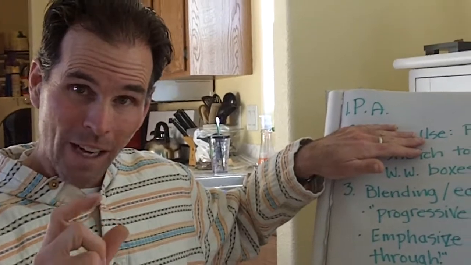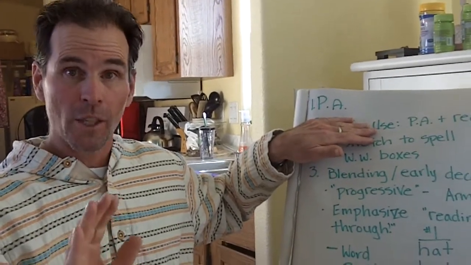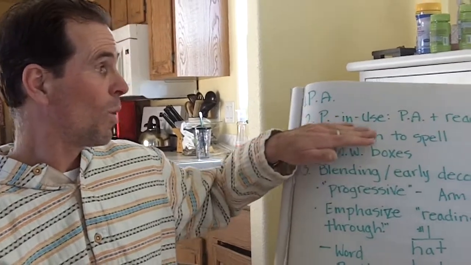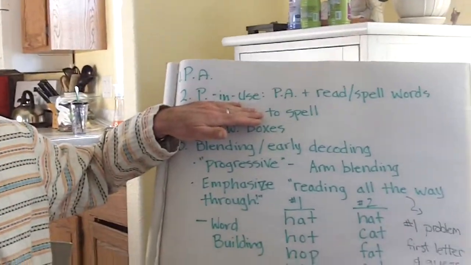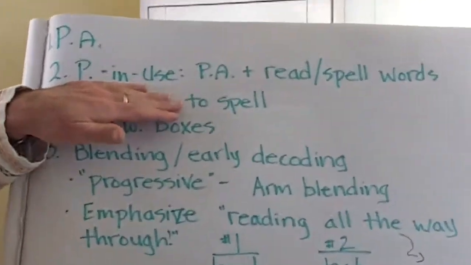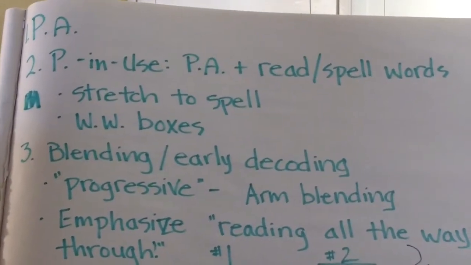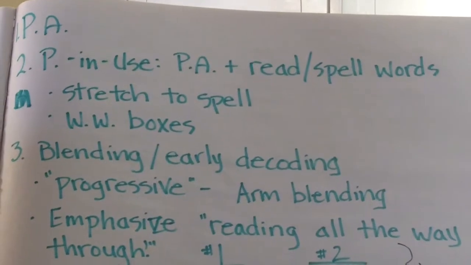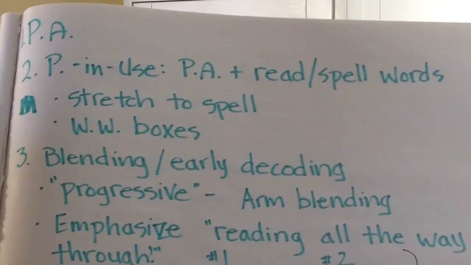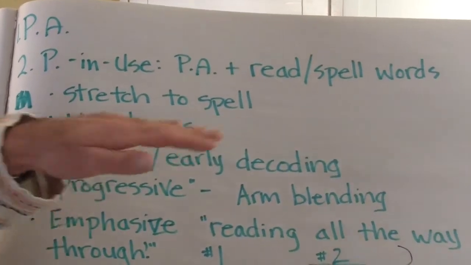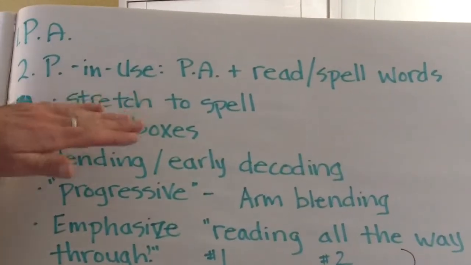Today we take one little half step forward. It's what you're going to read about in my short article from The Reading Teacher, what I like to call phonemes in use. A lot of this stuff has traditionally been under the category of alphabetic principle instruction. I think it's more direct, it's more accurate to call it phonemes in use.